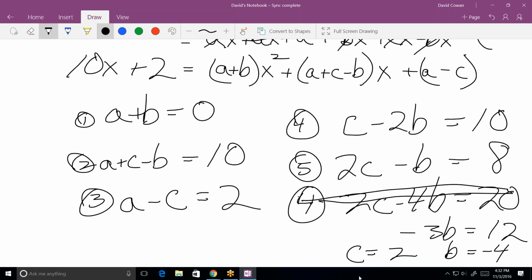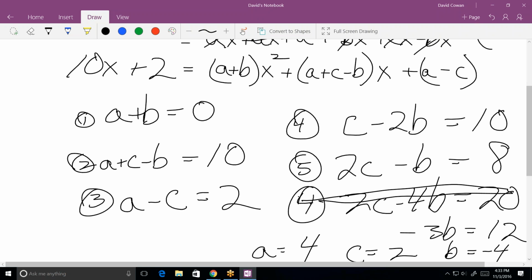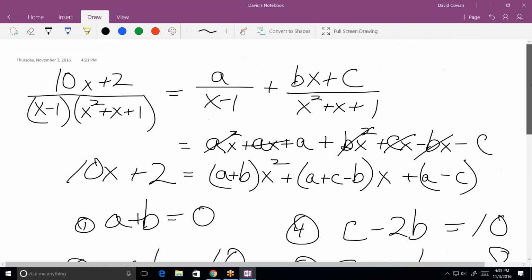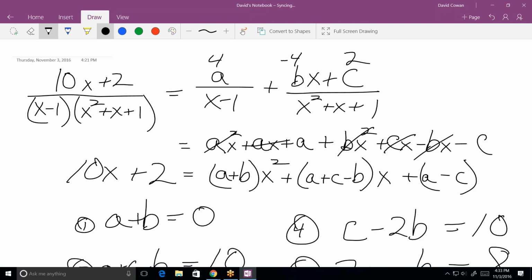You could plug in c to 3. So what is a? Minus 2, so plus 2. a equals 4. So we have 4, minus 4, and 2.